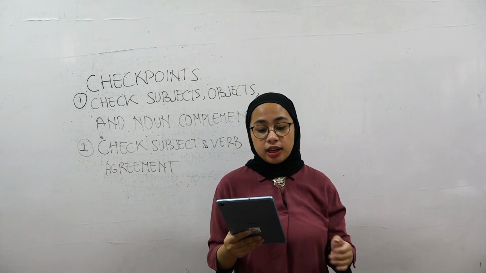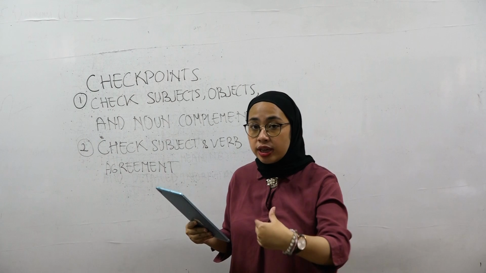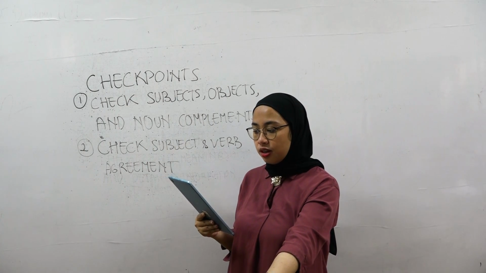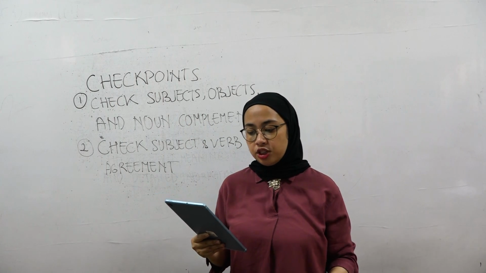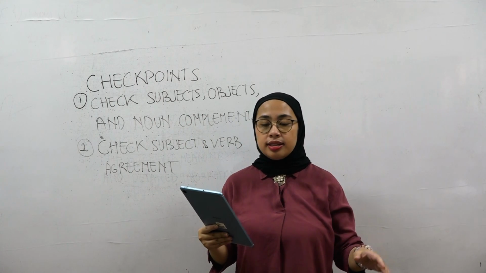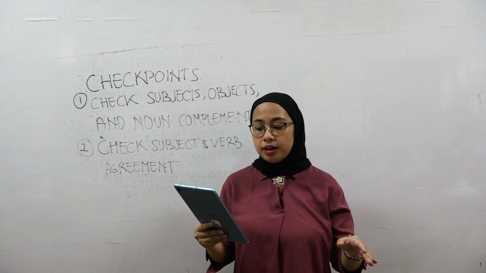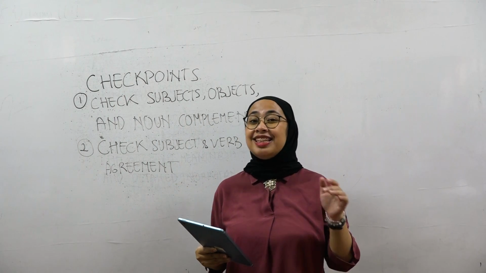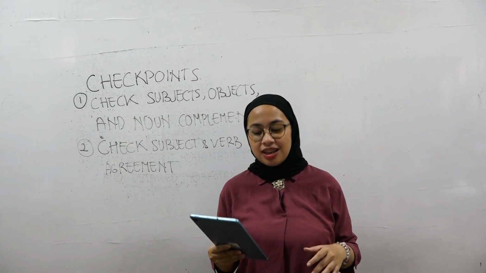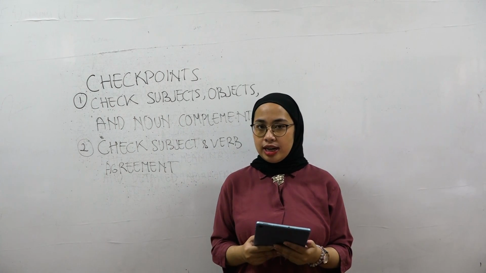The direct object of gave, what you gave, is the book. For her birthday is the object of preposition because it is followed by for. For is a preposition. So that's what we can identify from objects.